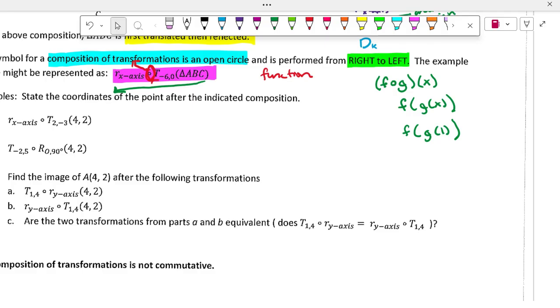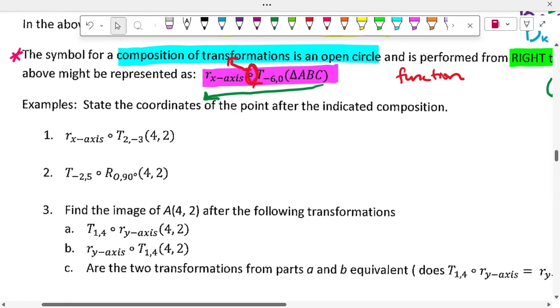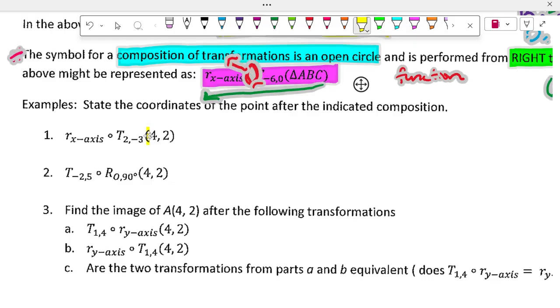All right. State the coordinates of the point after the indicated composition. The point they're talking about is the point 4, 2. Looking at this composition next to it, what do I do first? Translate it right 2, down 3. How do I do that in terms of math?